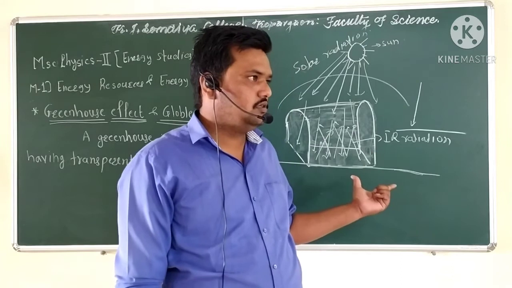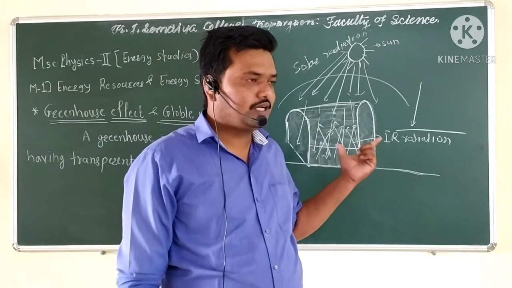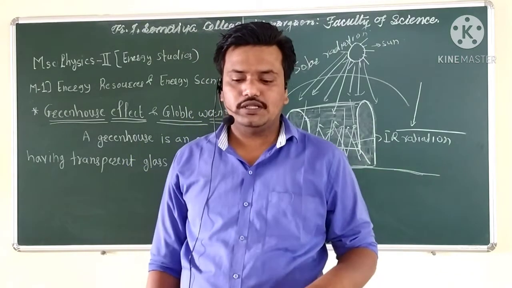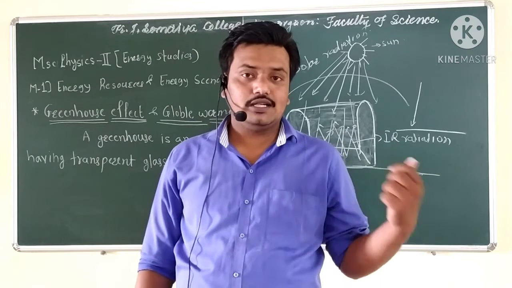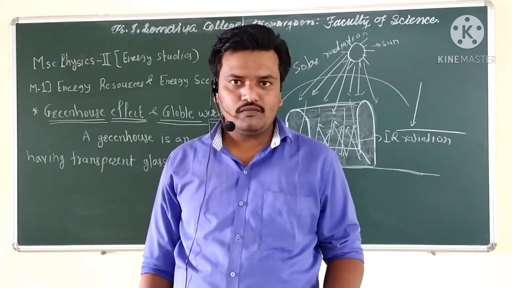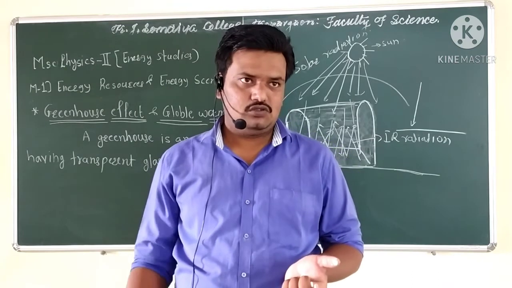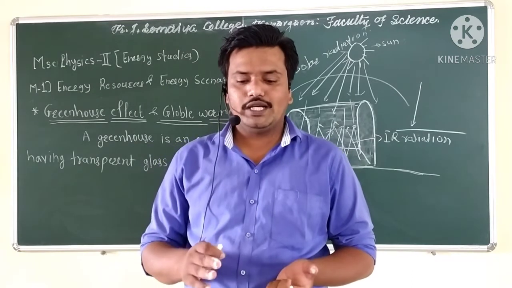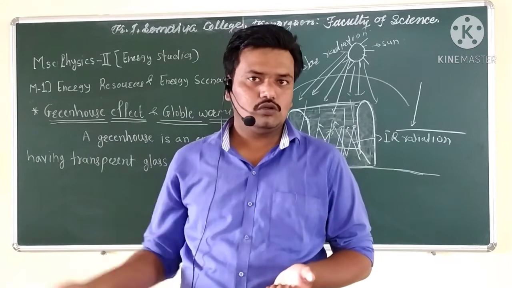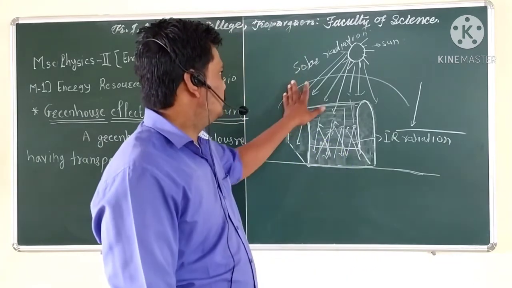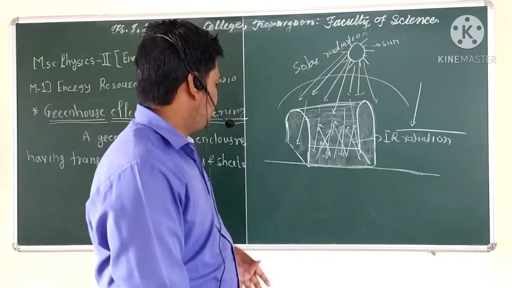This is the working principle of the greenhouse, and now we have to see what is meant by the greenhouse effect. The greenhouse effect is due to the CO2 envelope present around the globe, like this type of atmosphere structure.